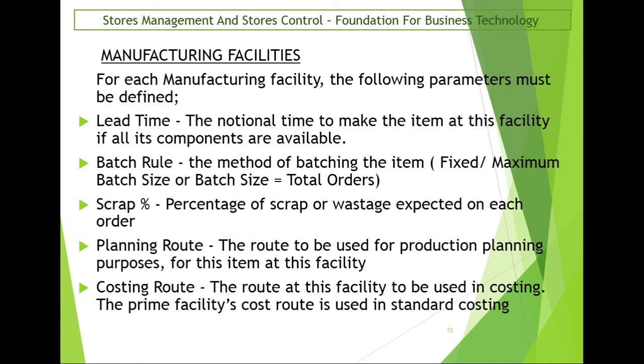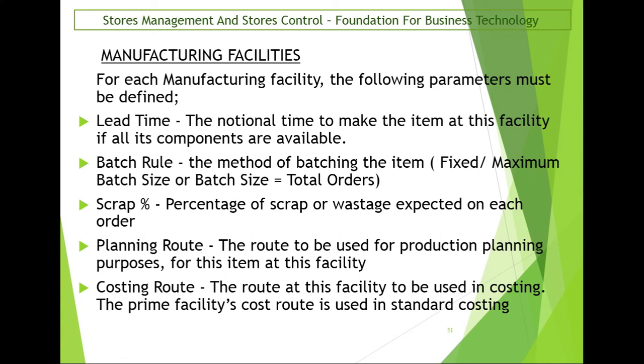A manufacturing facility will also define its scrap percentage. So the scrap percentage will be the percentage of scrap or wastage that is expected on each order. So there is no factory that is 100% perfect. For every 100 items, you will always find one or two that are defective.